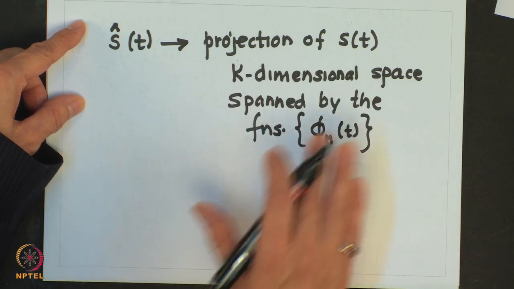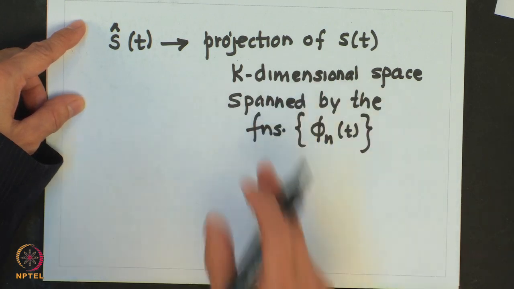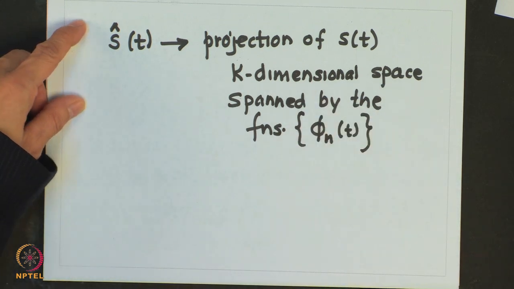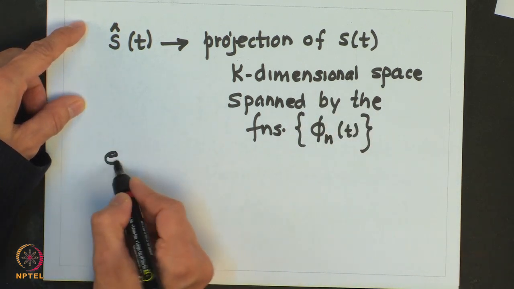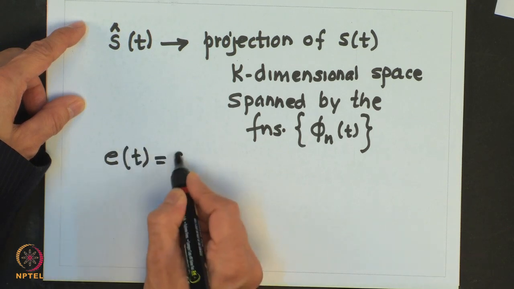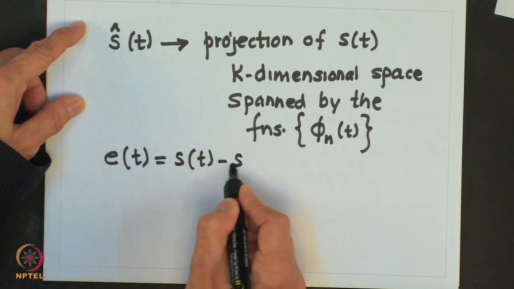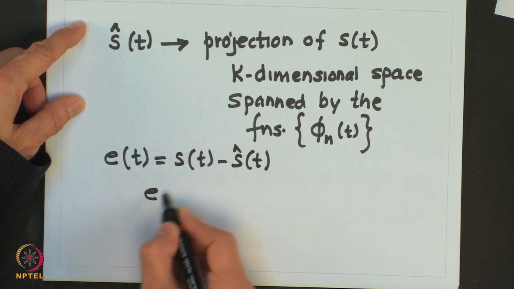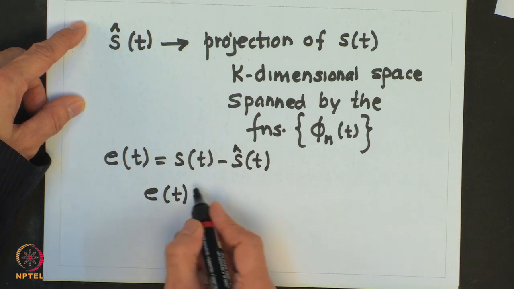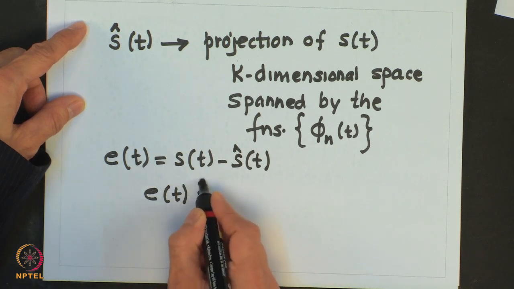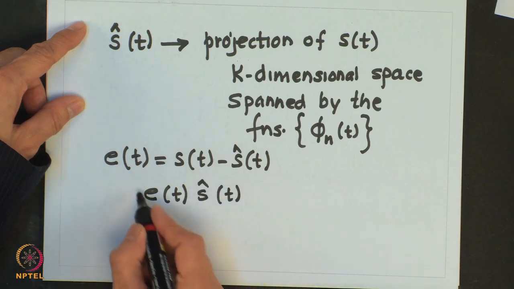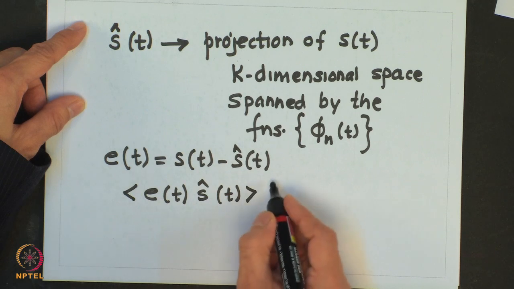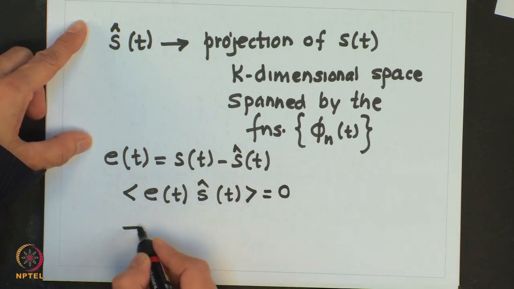So, basically it means that now this error is orthogonal to this space. Okay. So, your e(t) which is s(t) minus s hat(t), correct, is orthogonal to the approximated signal s hat(t), correct.